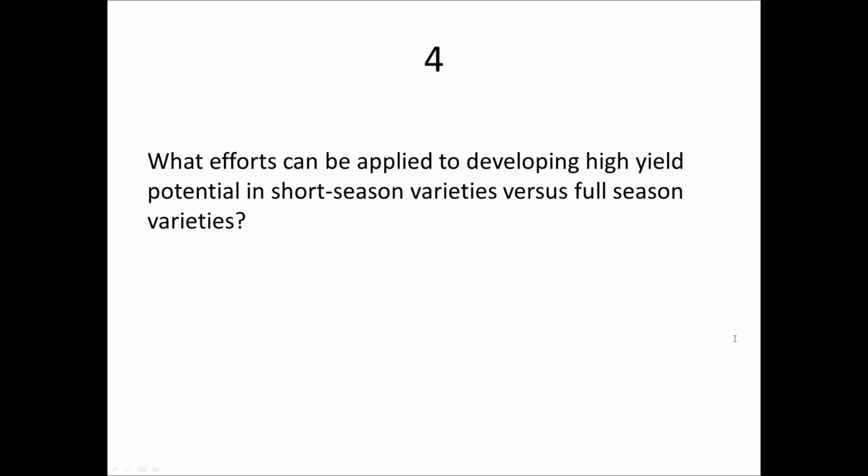Can I just comment on one other constraint in the low latitude, lowland tropics, and that's high temperature. If you start getting mean temperatures up around 30 degrees Celsius, so it's max plus min over 2, soybean really struggles.